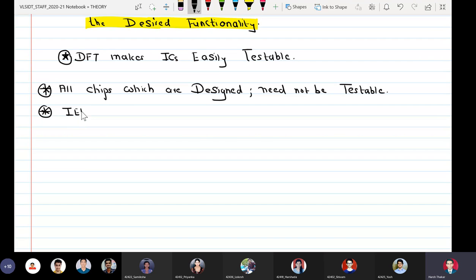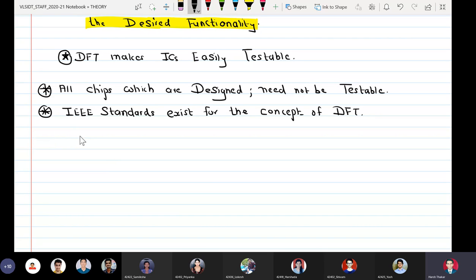IEEE standards exist for the concept of DFT.